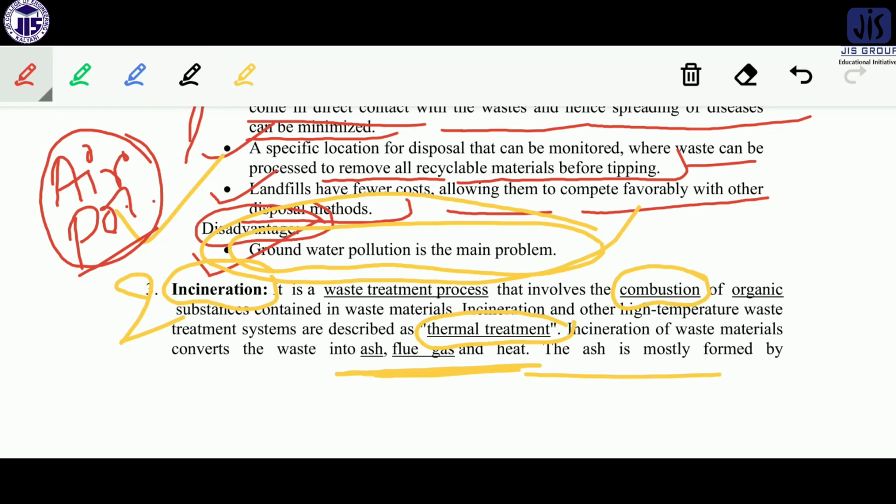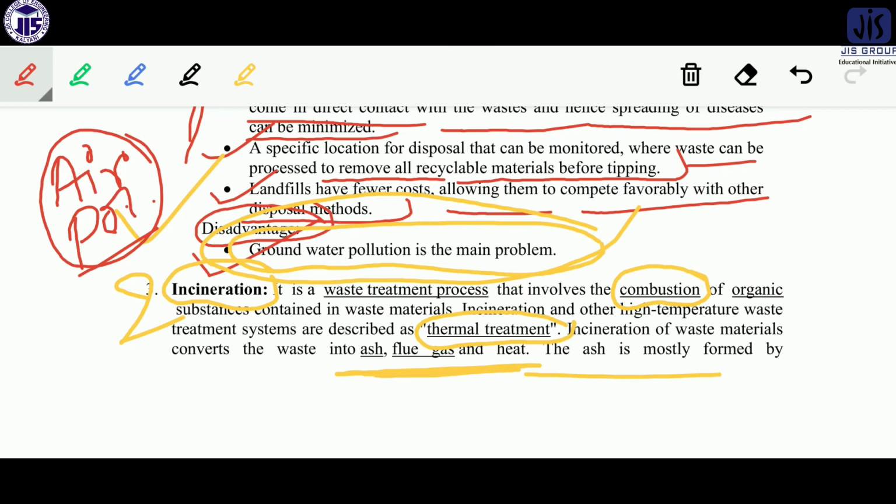And after burning of the solid waste materials, what is the remaining part? If there are any remaining parts, like plastic materials, they stick to the earth, and obviously there is a huge chance of land pollution. Also, during rainy time, if water flows over this type of sticky material, which is very poisonous, it mixes with the water, and in this way there is a chance of water pollution also.